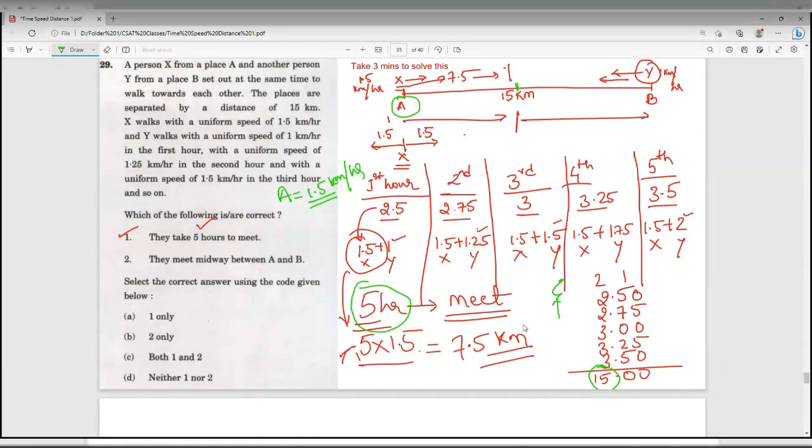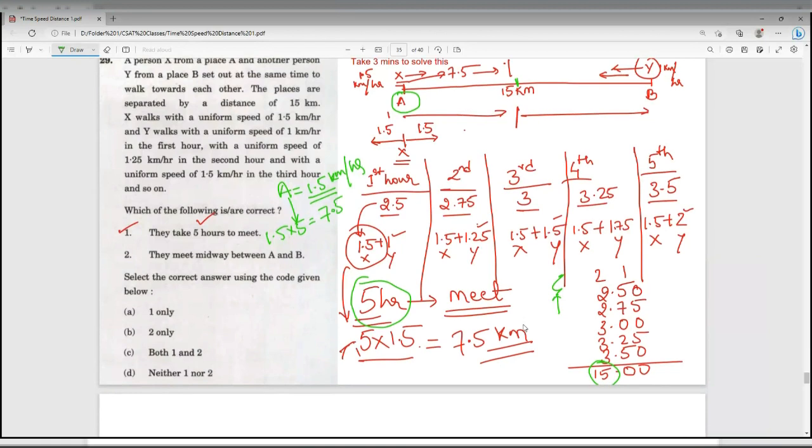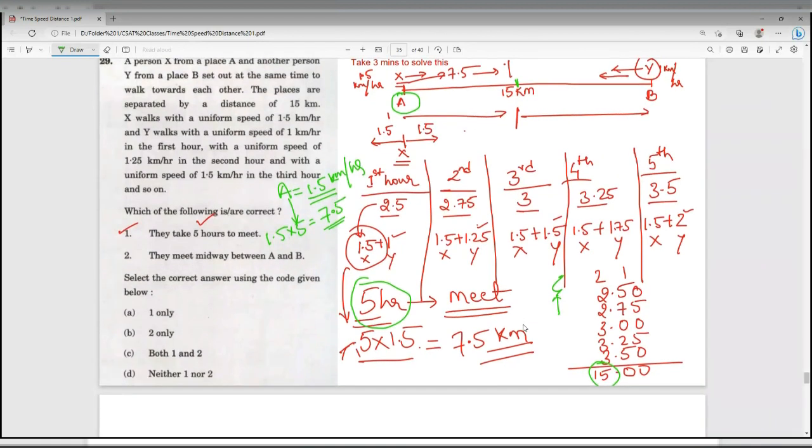So in 5 hours, A would have traveled 1.5 into 5, that is 7.5 kilometers. From the starting point, A would have traveled 7.5 kilometers, and then he would have met B. So that 7.5 kilometers is exactly the middle of the distance between A and B. I hope you have cleared the doubt.